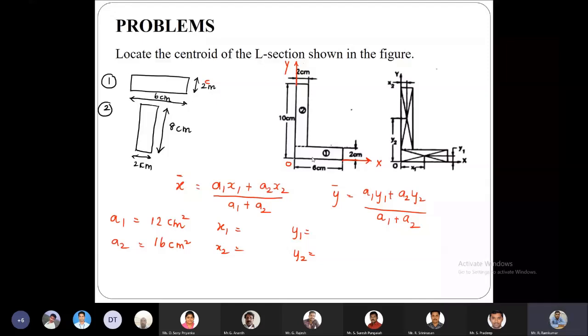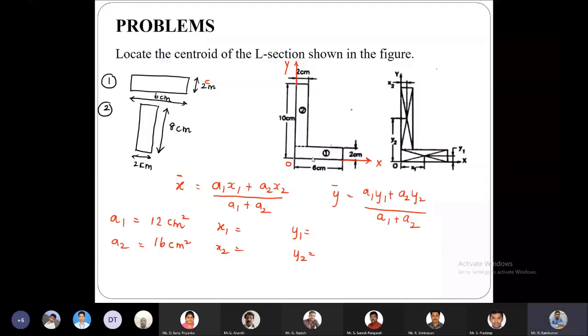And then for spheres we'll be using d by 2, d by 2, and for a hemisphere, if it is an x-axis oriented hemisphere, we'll be using d by 2, and for the y axis we'll be using 3r by 8. Okay, similarly, if we have a case like a composite lamina, assume that we need to find the center of gravity of an object which is having more than one shape, that is, let us say it is a composite solid.